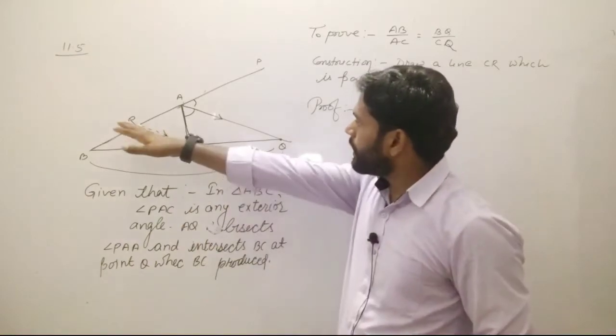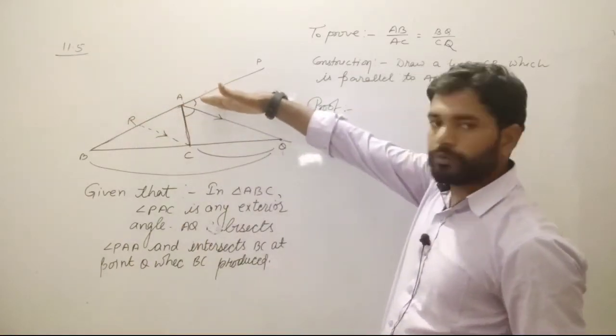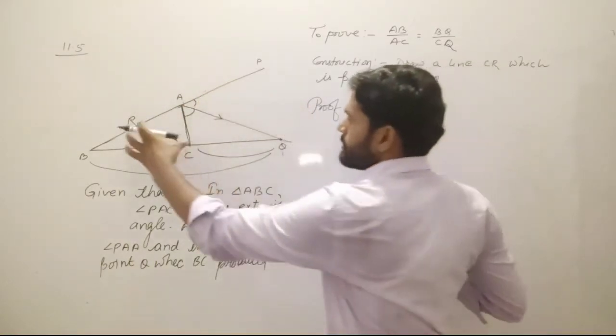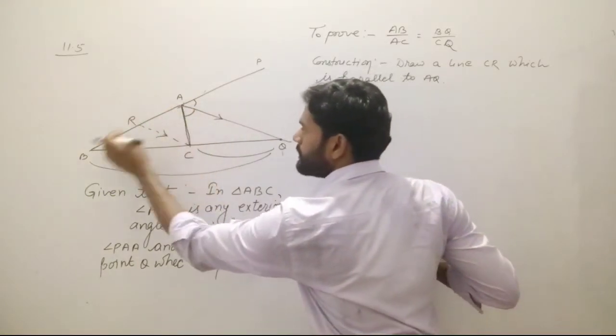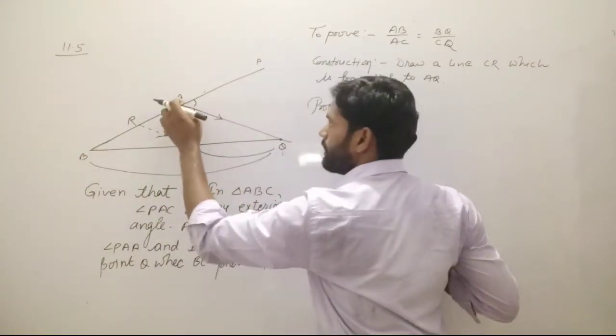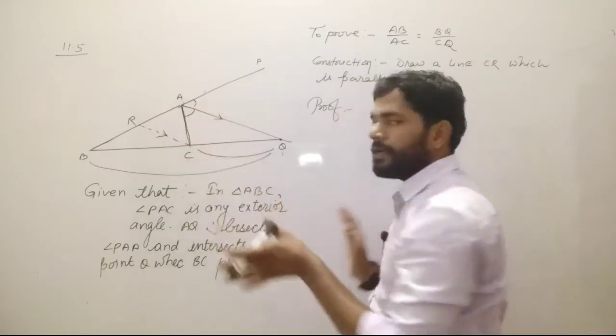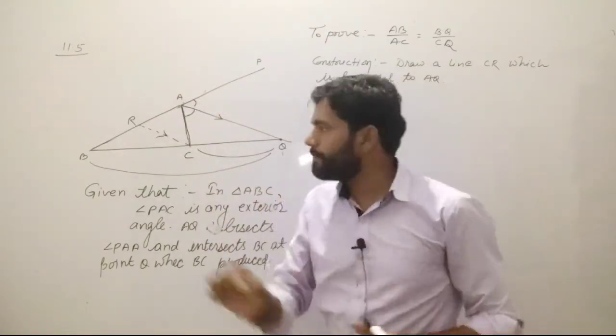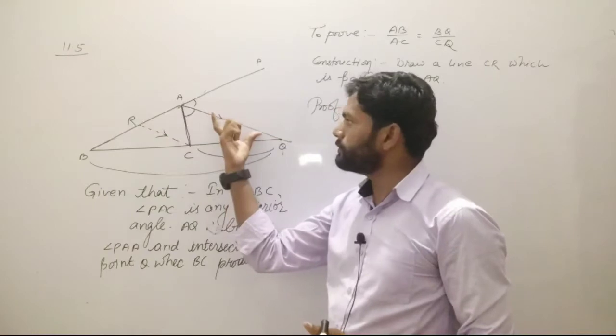Look, RC is parallel to AQ. Then in this triangle BQA we can apply the property of BPT, because in it RC is parallel to AQ.